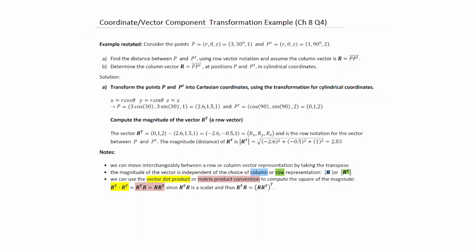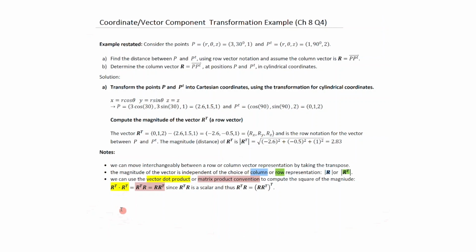Just a general comment. We can move interchangeably between a row or column vector representation just by taking the transpose. The magnitude of the vector is independent of the choice of column or row representation, either magnitude of R or magnitude of R transpose. We can use a vector dot product or matrix product convention to compute the square of the magnitude. So rt dot rt would be a row vector and a row vector dot product.